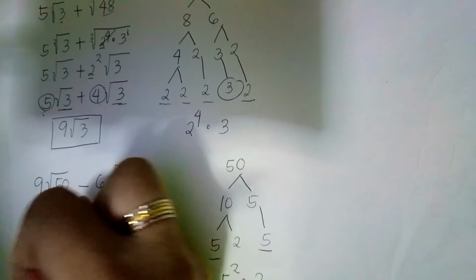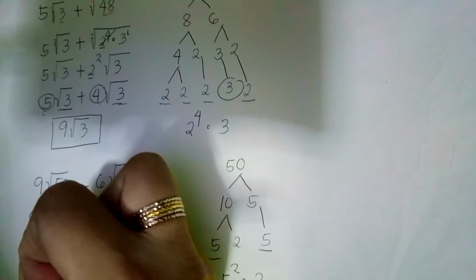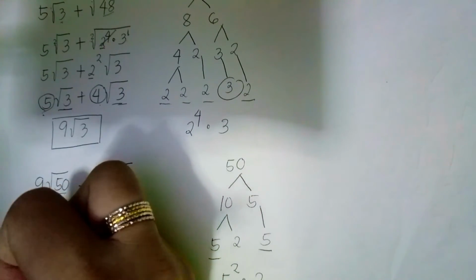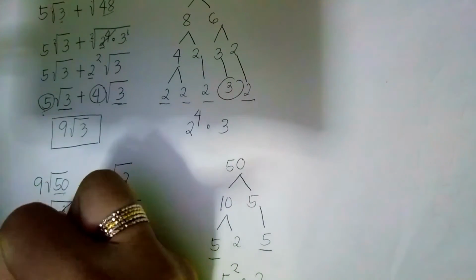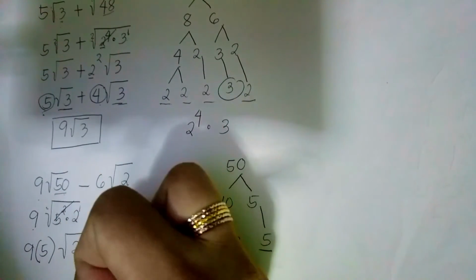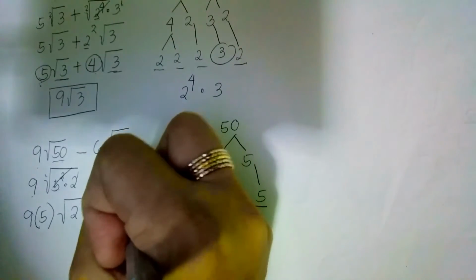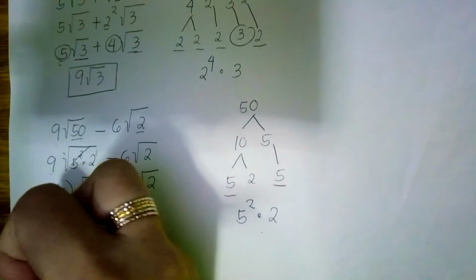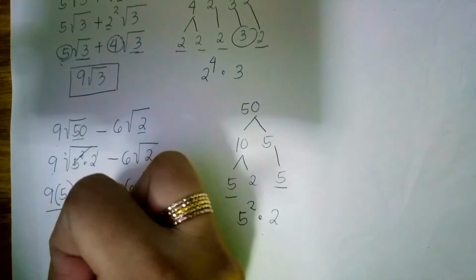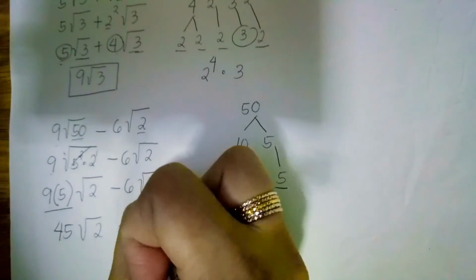The 2 cannot be simplified because 1 divided by 2 here is impossible. So 2 is left under the radical sign, minus, you copy first 6 square root of 2. Now you multiply 9 times 5, 45, square root of 2 minus 6 square root of 2.